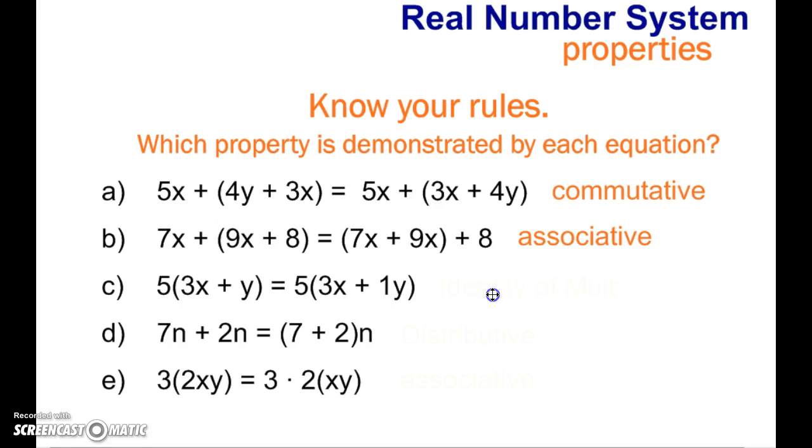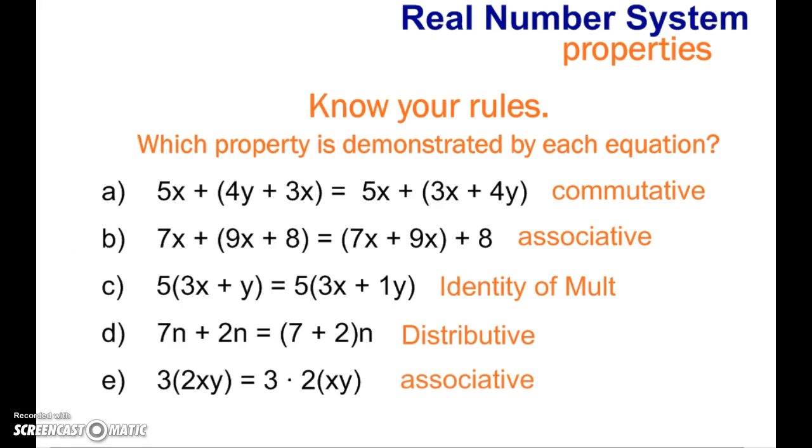Well, that's your identity of multiplication. Now this looks like the distributive property backwards, so we call it distributive. And in E, we change the grouping. So again, that is your associative property.